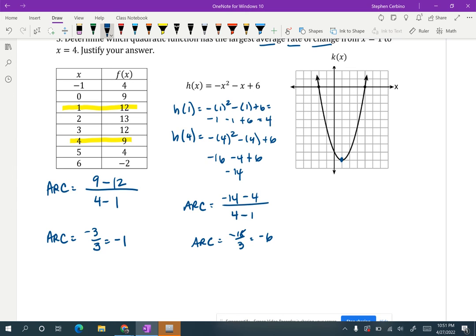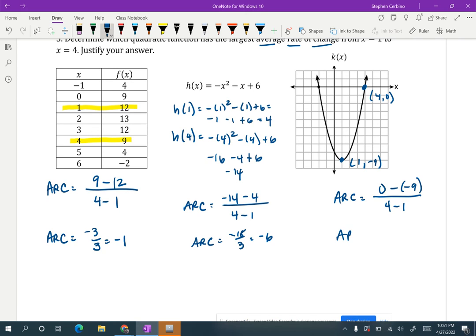From the x value of 1 to the x value of 4, I have the points (1, -9) and (4, 0). So the average rate of change here for k of x is going to be 0 minus -9 over 4 minus 1.